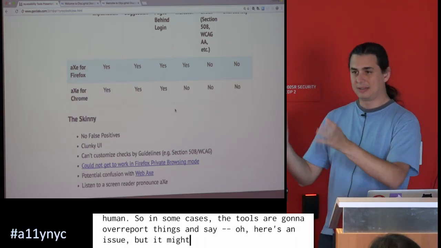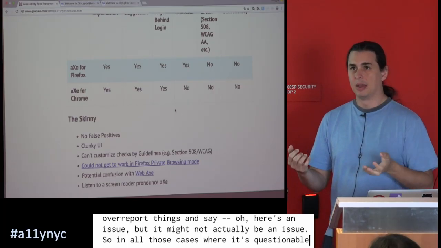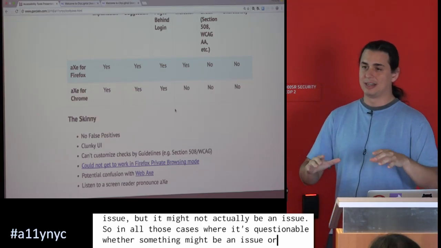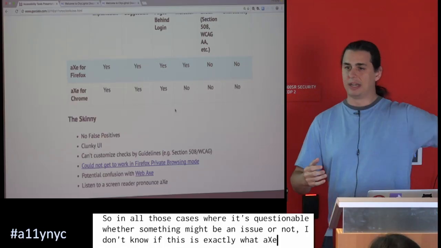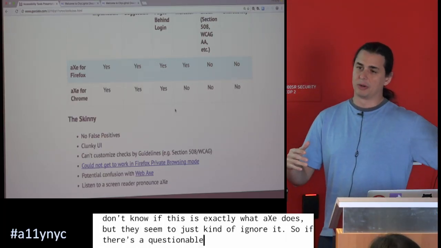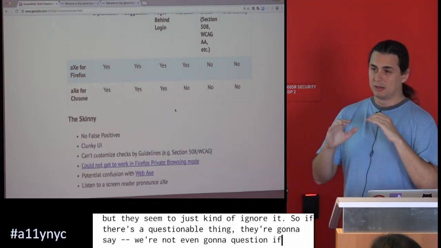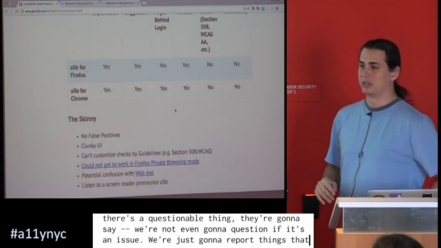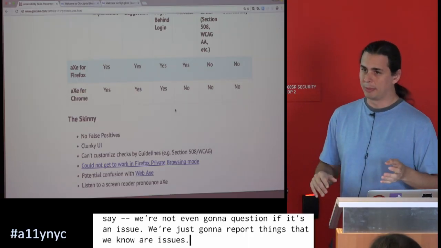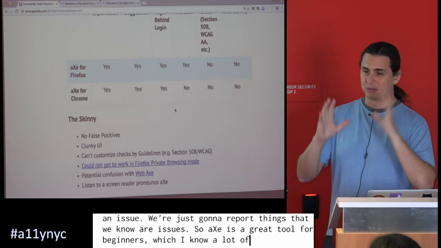So in all those cases where it's questionable whether something might be an issue or not, I don't know if this is exactly what Axe does, but they seem to just ignore it. Right? So if there's a questionable thing, they're saying we're not even going to question whether or not it's an issue, we're just going to report things that we know are issues. So Axe is a great tool for beginners, which I think a lot of people in this room probably are.